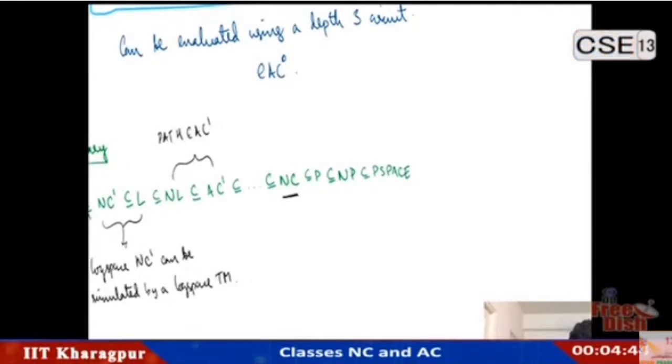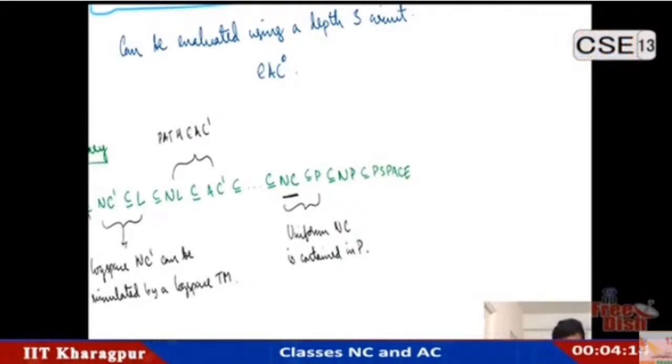Okay, so this is because uniform NC is contained in P. In the previous lecture, I said that any log space uniform family is contained in P, or all the log space uniform family is the same as P. But in the case of NC, you have more restrictions.